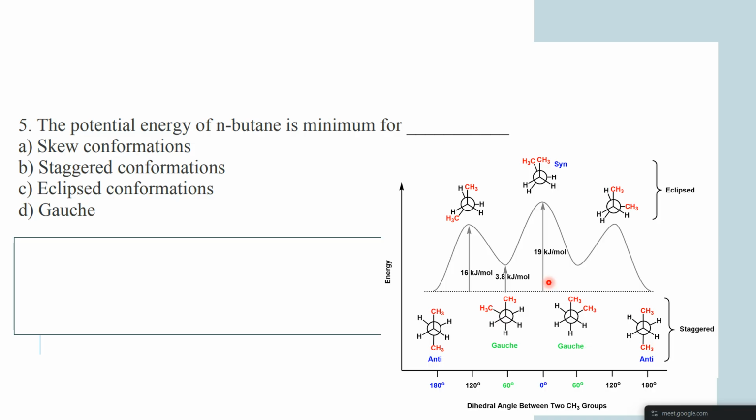And the energy is maximum because of the steric hindrance between the eclipsed methyl-methyl groups. So, from this energy profile diagram, now we know that out of all these different conformations possible for N-butane, the one which will have the lowest energy will be the anti one, which is also called the staggered one.